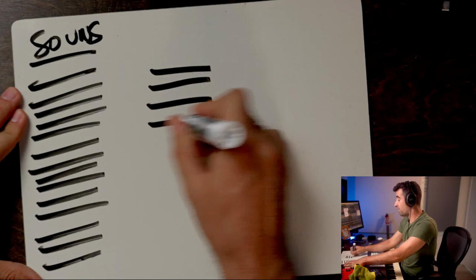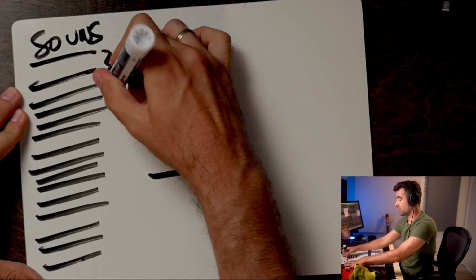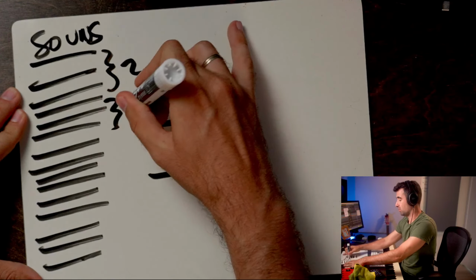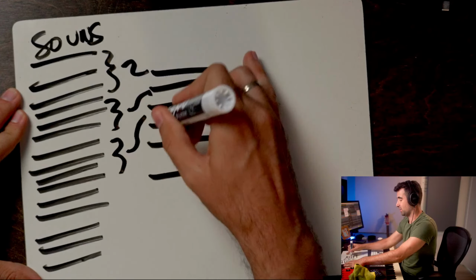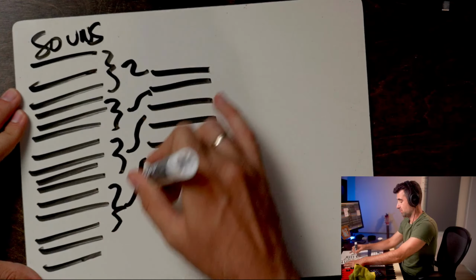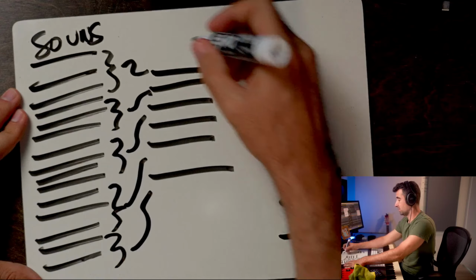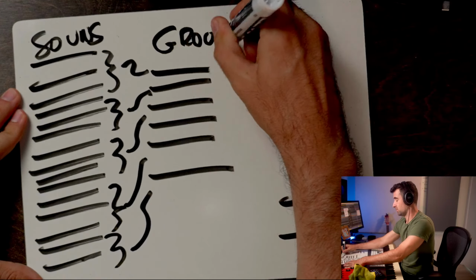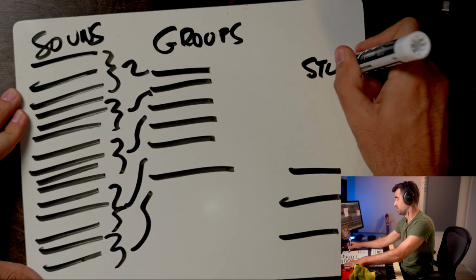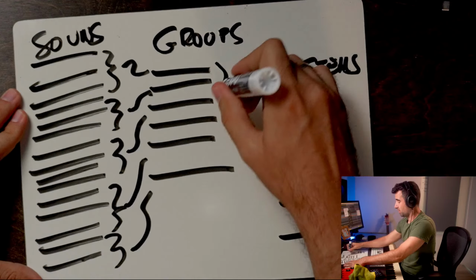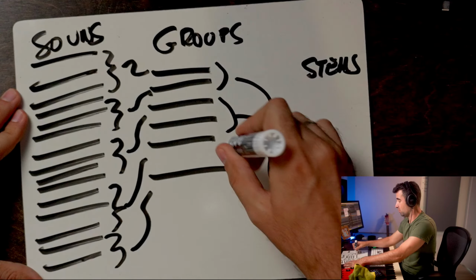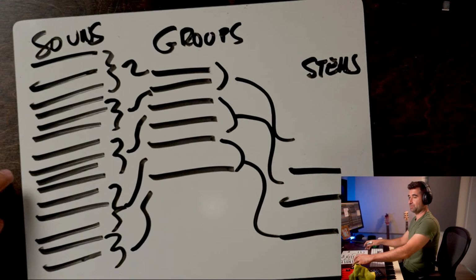Then we're going to have a series of groups, and we're going to route groups of tracks to each one of these groups. Boom, this one. And then finally, we're going to have stems. So groups, and then stems. And we're going to have groups of groups that are going to be routed to the stems.